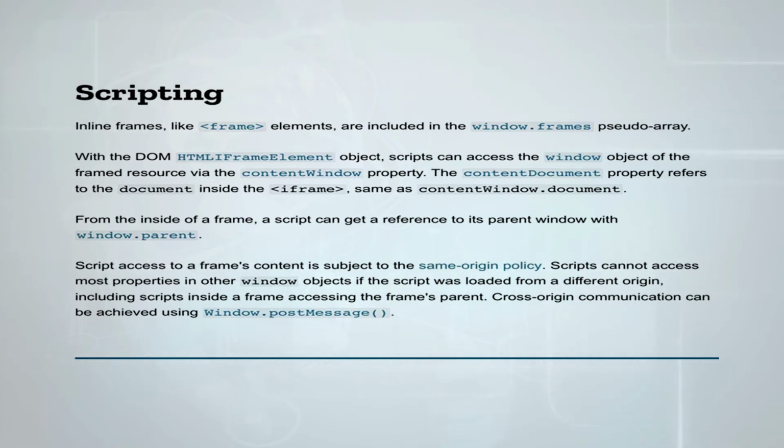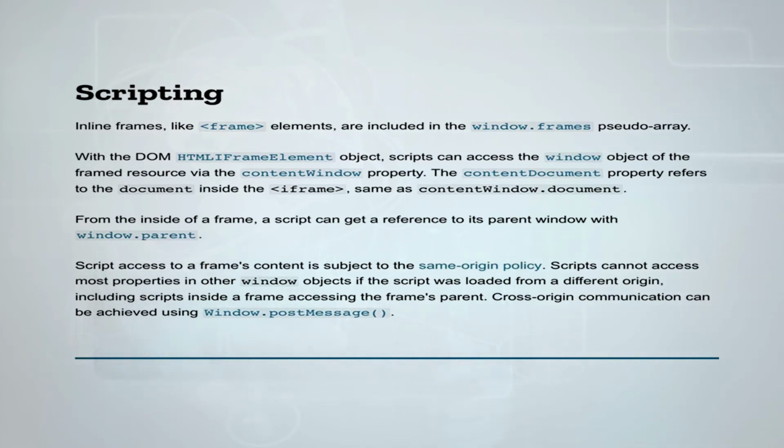The contentDocument property refers to the document inside the iframe, and it is the same as contentWindow.document. From inside of a frame, a script can get a reference to its parent window with window.parent.